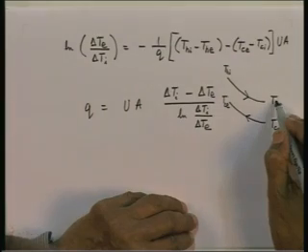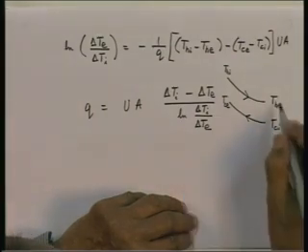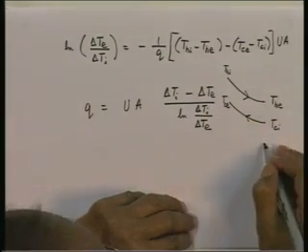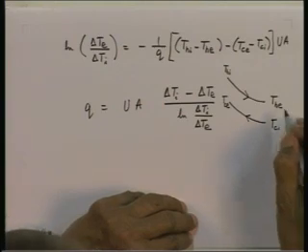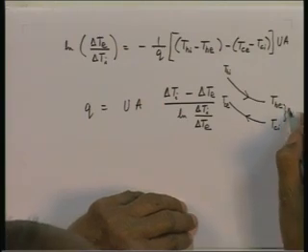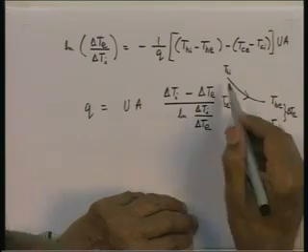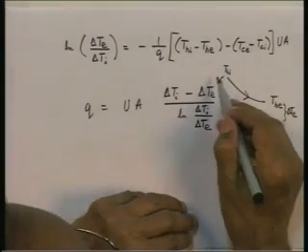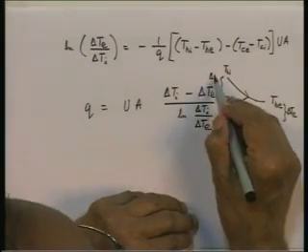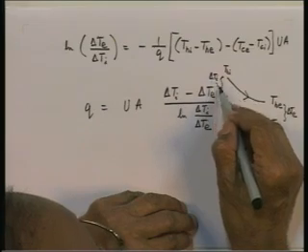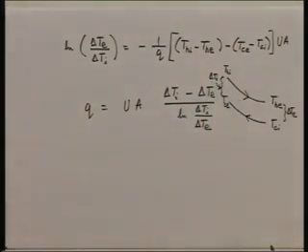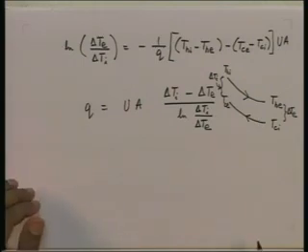This difference, Th e minus Tc i, is equal to delta T e. This is delta T e, and this difference out here is delta T i. That is what has to be kept in mind. Th i minus Tc e is delta T i.